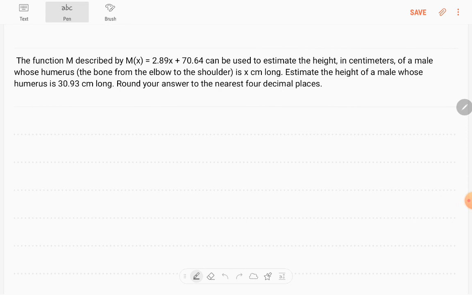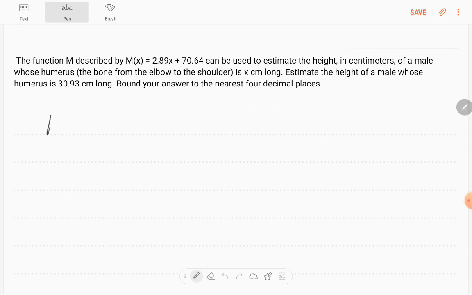We use this function to estimate the height in centimeters of a male whose humerus, what is the humerus? The bone from the elbow to the shoulder is x centimeters long. We want to estimate the height of a male whose humerus is 30.93 centimeters long. Round your answer to the nearest 4 decimals.